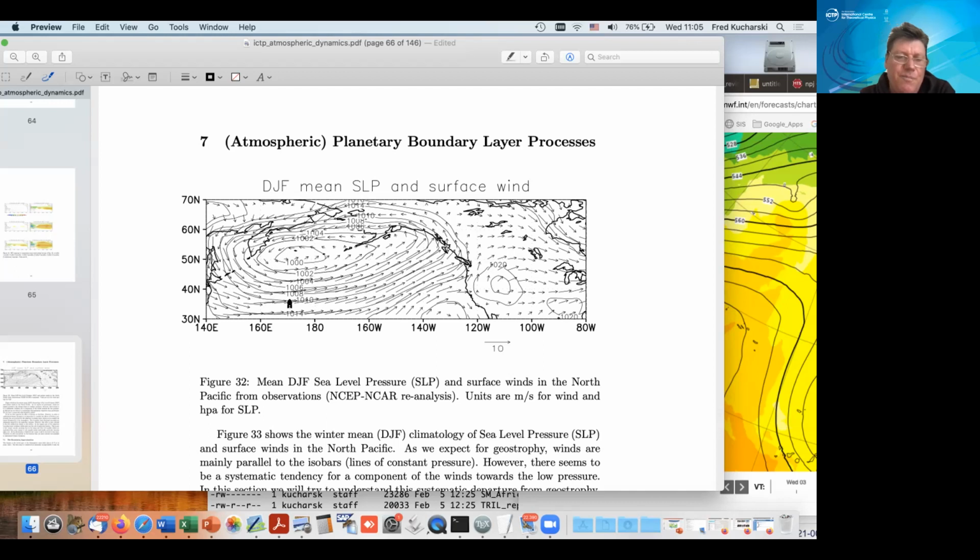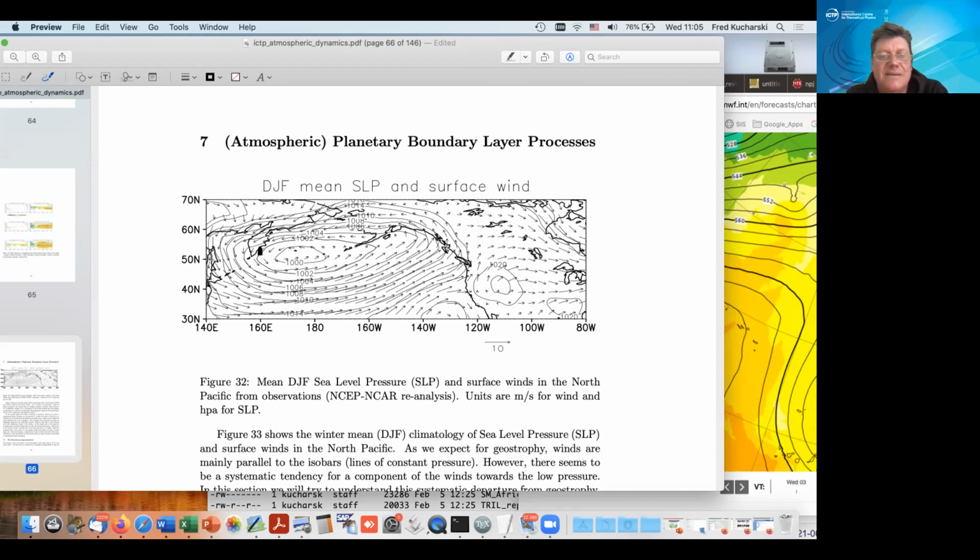However, if you pay careful attention, there seems to be a systematic angle between the surface winds and the lines of constant pressure. If you look at this carefully, there's some inflow into this low pressure here.